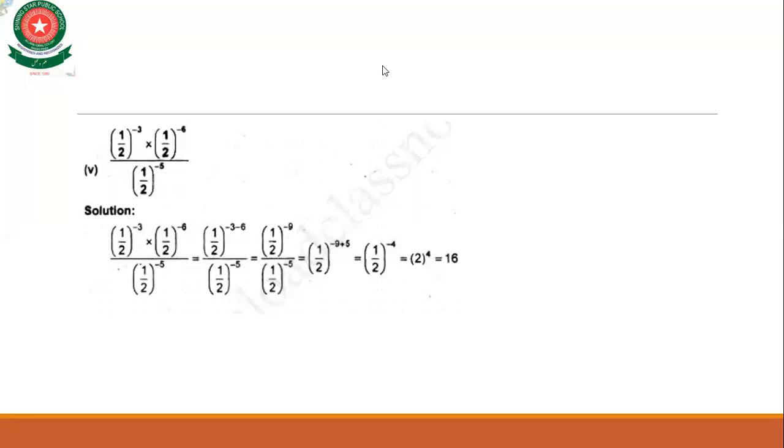We know that here we have 3 values, but all 3 values have the same base.